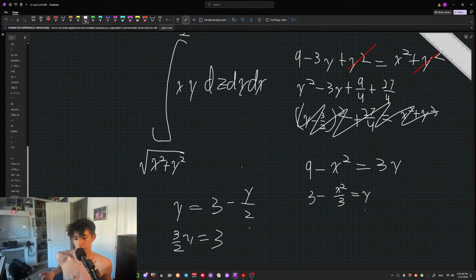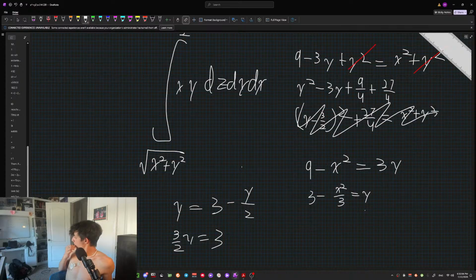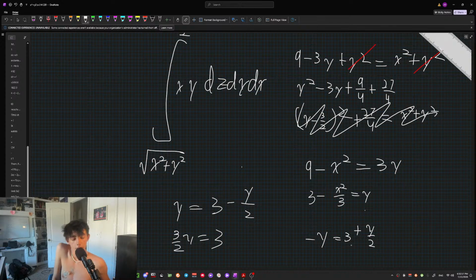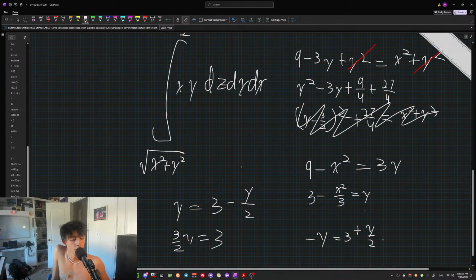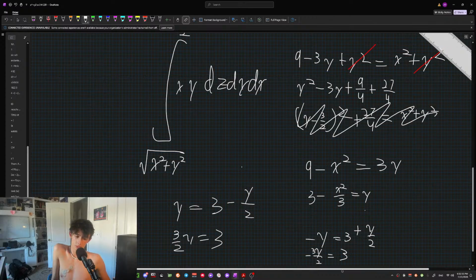And 1/2 of y equals 1. Let's do both negatives. No, there's no way that's possible.